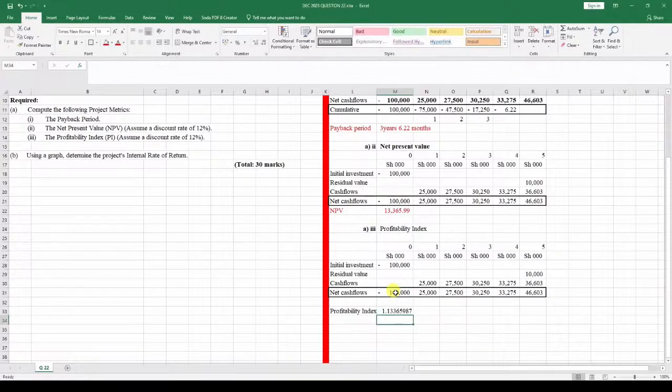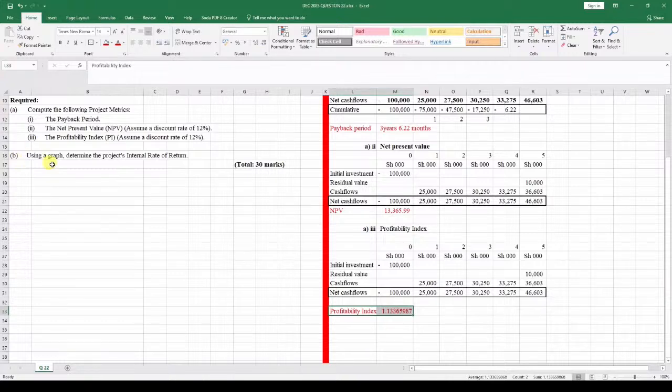Enter. That's what we get as our profitability index, 1.13. So in this case, we accept this one based on NPV, and for the payback period, the shorter it is, the better for us. Just for consistency, we put it in red like that. We can see that we're moving on well, and we now move on to part B of the question.